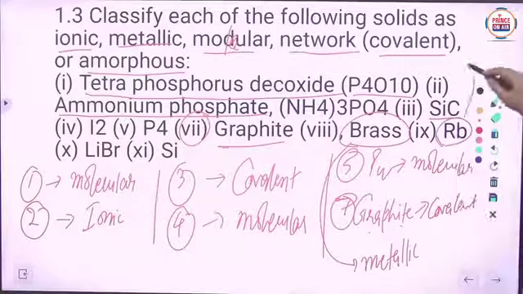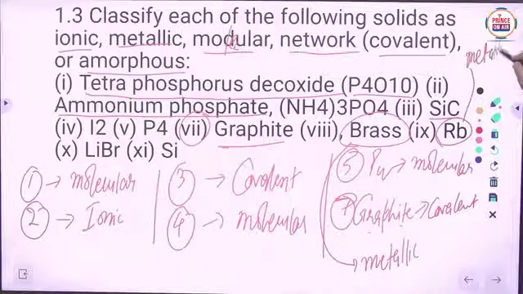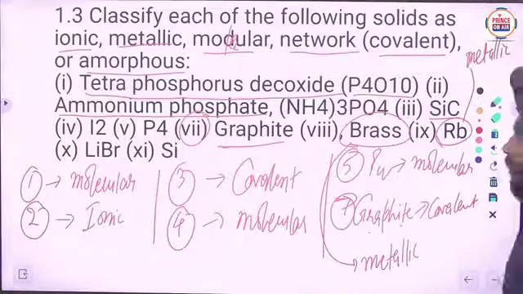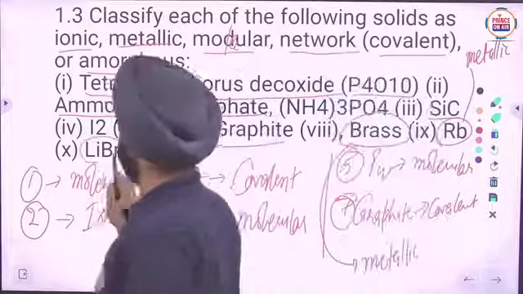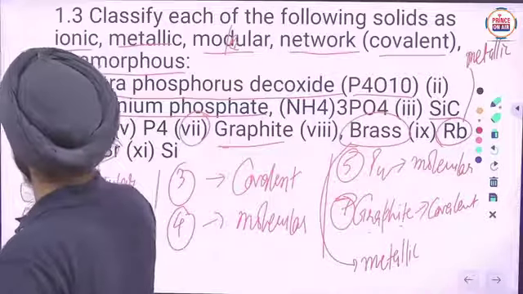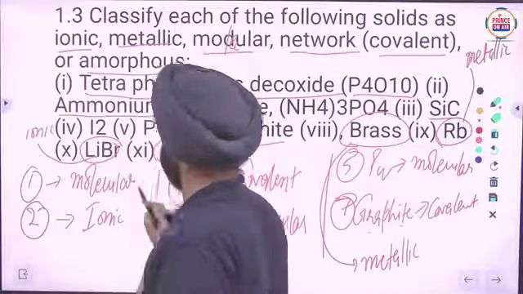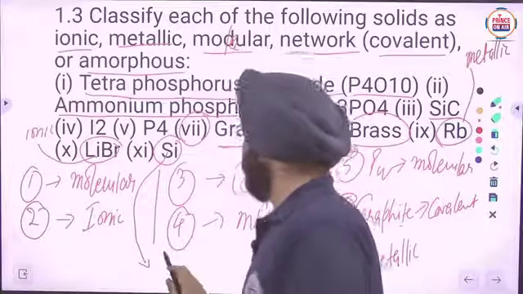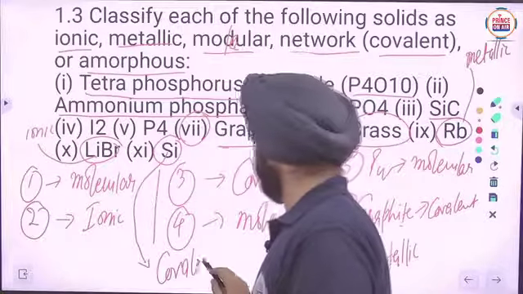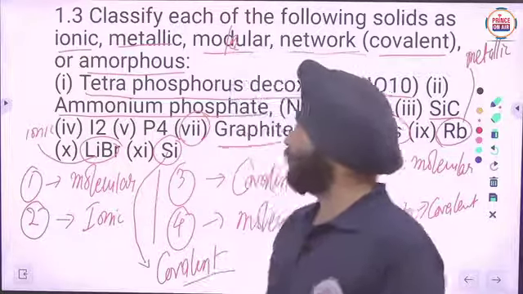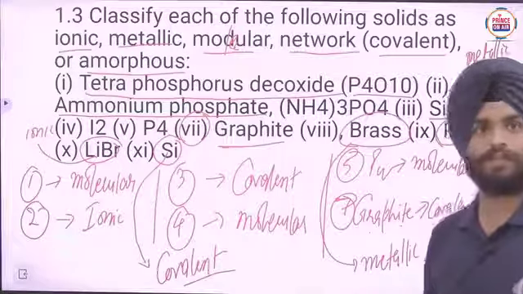Rubidium is metallic. Lithium bromide is ionic. Silicon is covalent. So those are the answers.